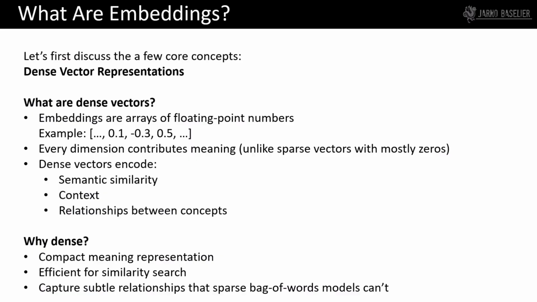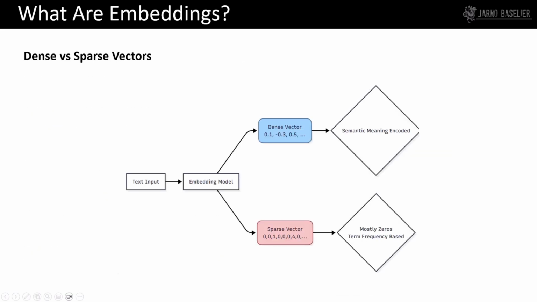Dense vectors encode semantic similarity, context, and relationships between concepts. Why dense? Well, compact meaning representation, efficient for similarity search, and captures subtle relationships that sparse bag of words models can't.